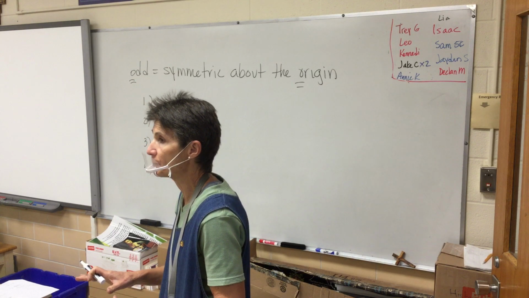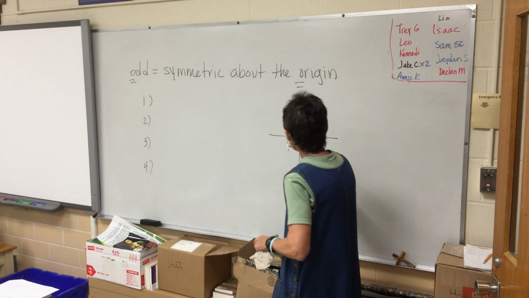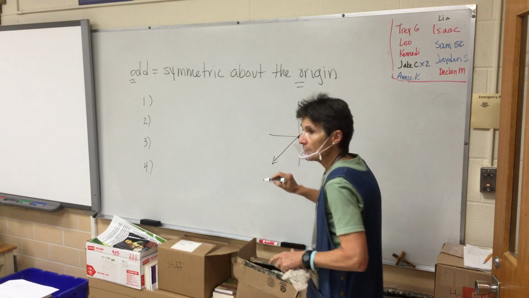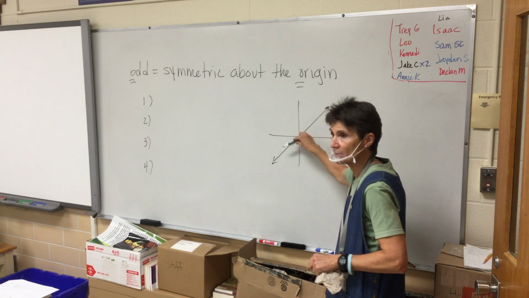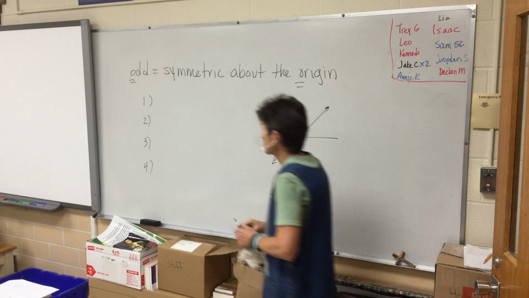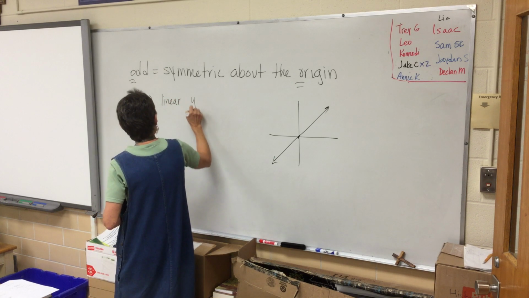I'll tell you what one of them is. One of them is the identity, because I have exactly the same picture here that I have here on the other side of the origin. So one of them is linear, or y equals x.